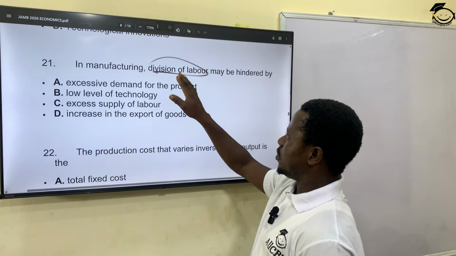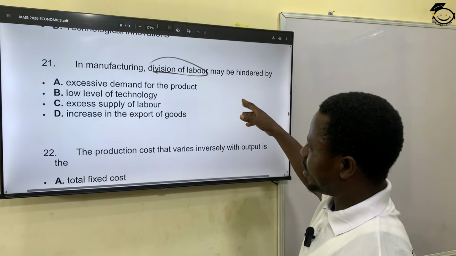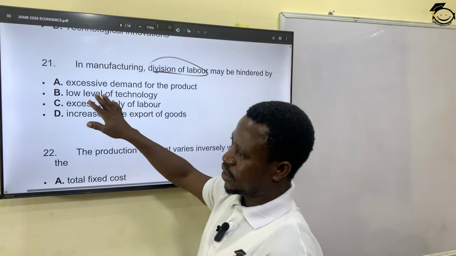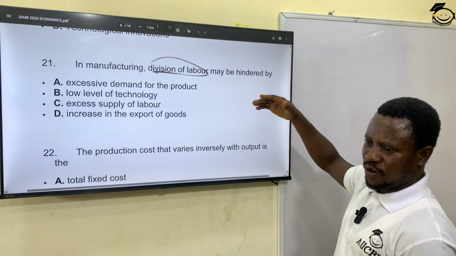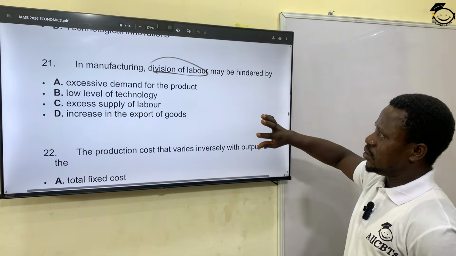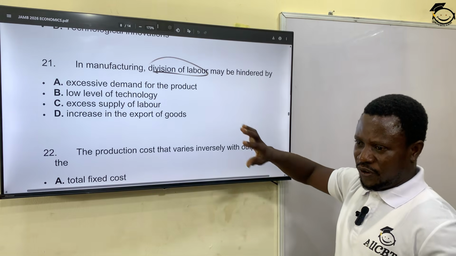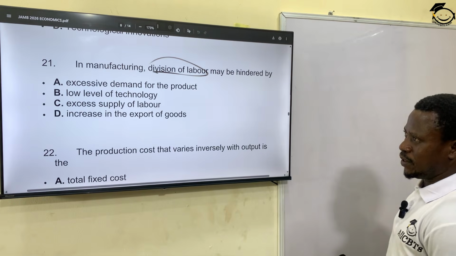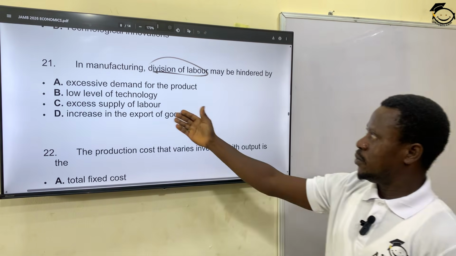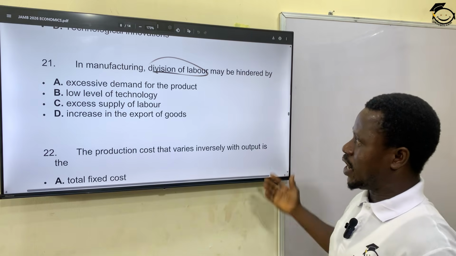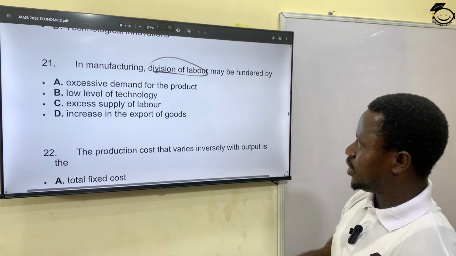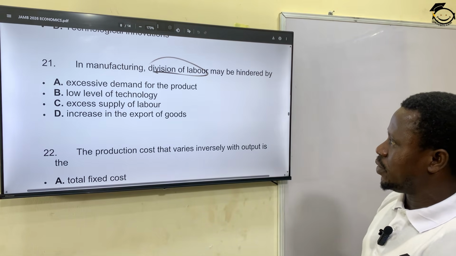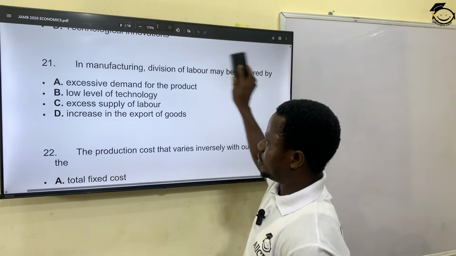So division of labor is hampered or hindered by low level of technology. When there's high level of technology, then you are able to divide your labor into different sections, undertaken either by different machines or by different persons. All right? Excess labor does not affect this because you have more people, more hands to use. It should be limited labor. So the correct answer here is low level of technology. B, option B.